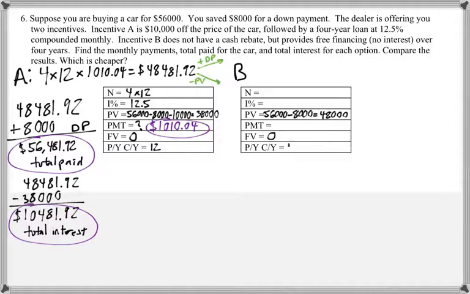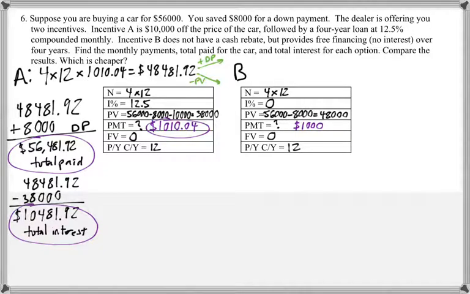The PY CY is 12. N is going to be 4 times 12. Now the interest rate is going to be 0 because we are getting free financing. So if we calculate the PMT, we get $1,000.